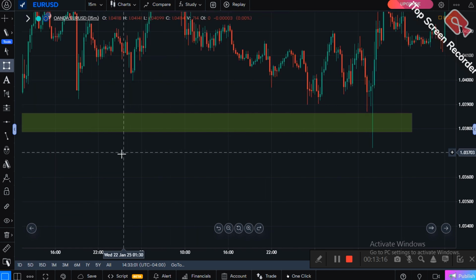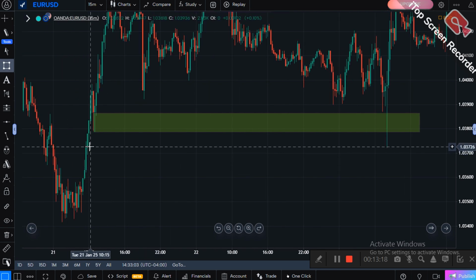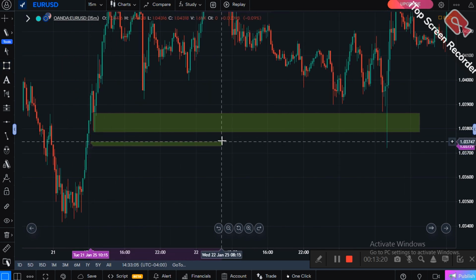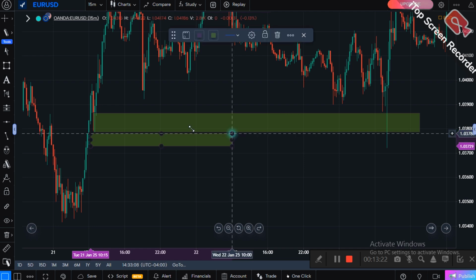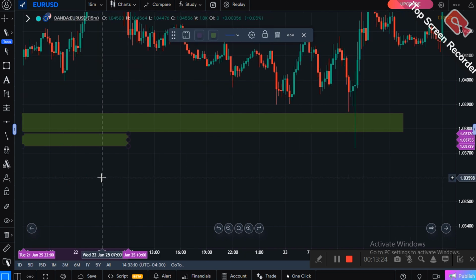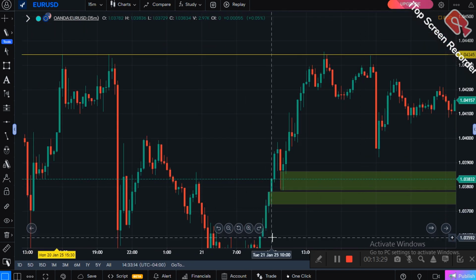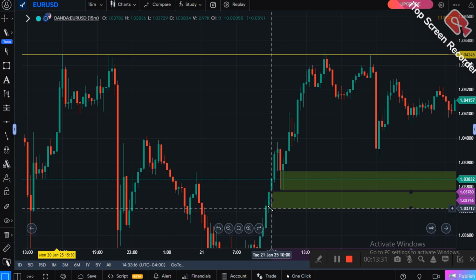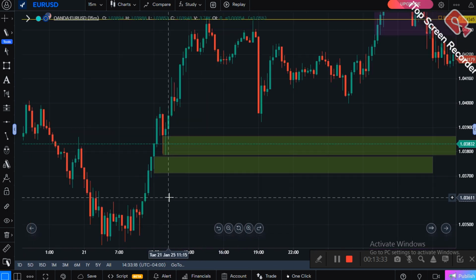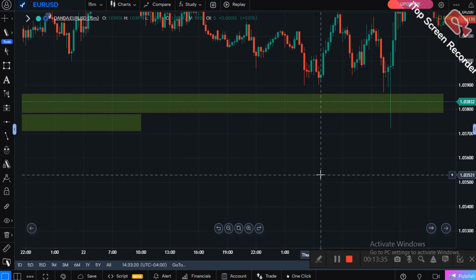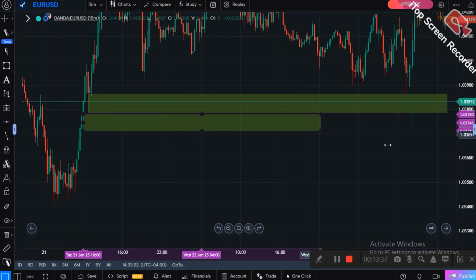There's also the rejection block. I mean this point. Well, zoom in, wait. This rejection is called a rejection block. So there's all the rejection block in this area.